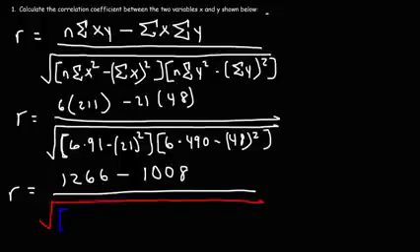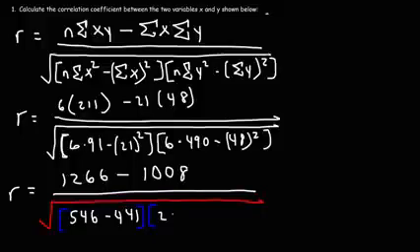Now, 6 times 91, that is 546. 21 squared is 441. Now, 6 times 490 is 2940. And then 48 squared, that's 2304.